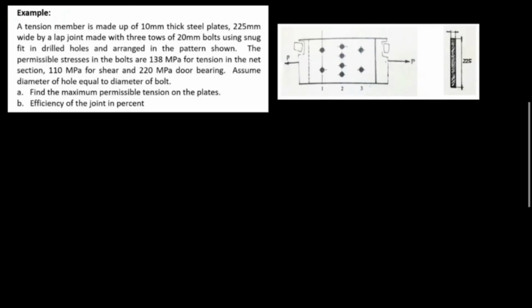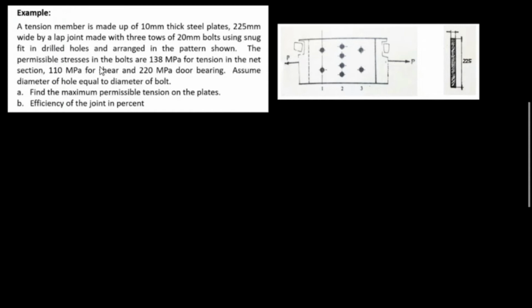Here's another example. A tension member is made up of 10 millimeter thick steel plates, 225 millimeter wide, by a lap joint made with 3 rows of 20 millimeter bolts using snug fit in drilled holes and arranged in the pattern shown.